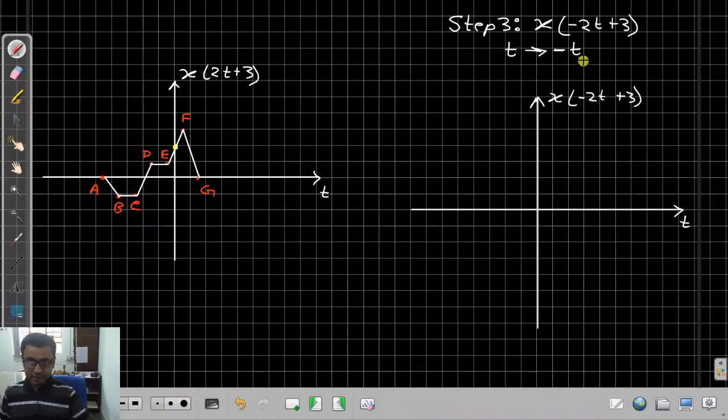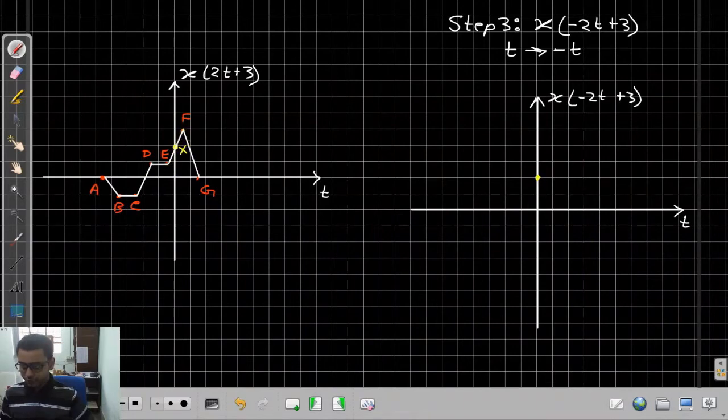Since t is replaced by -t, this graph will flip horizontally about the y-axis. Okay, so this will be flipped horizontally, and this yellow point which is on this vertical axis will not change its position. So this point x will remain here.